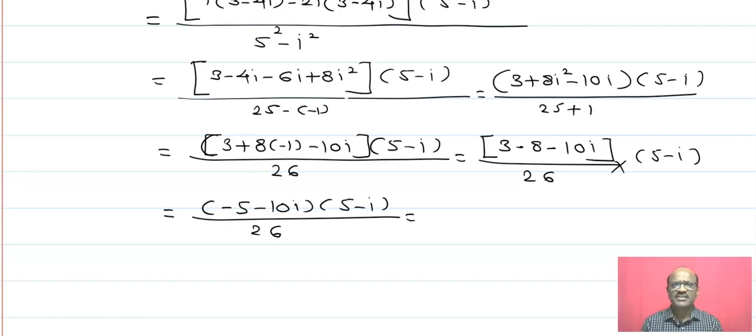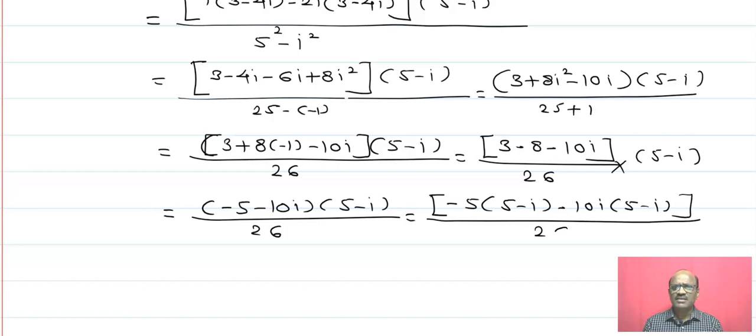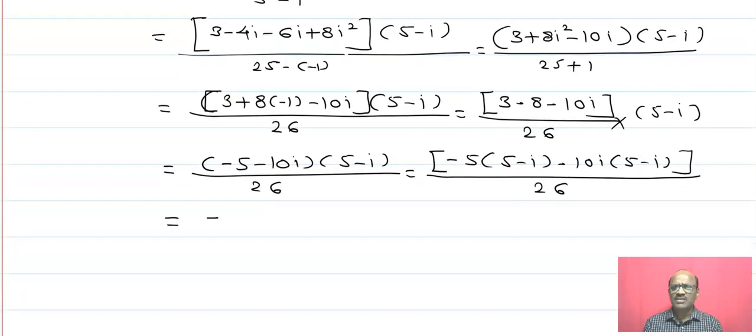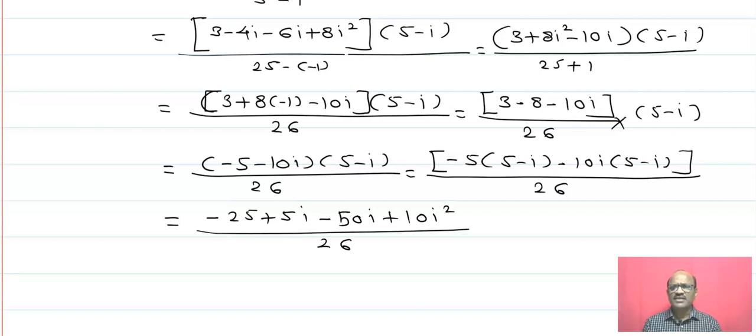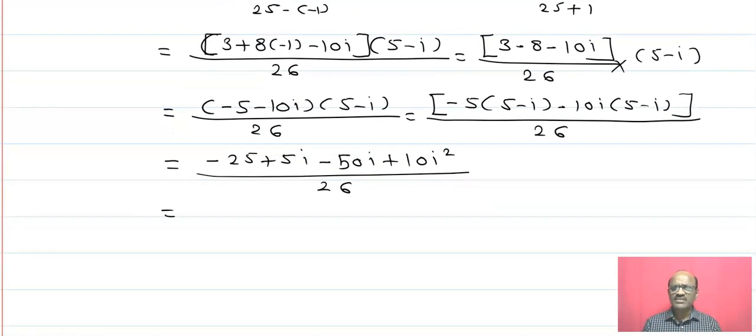Now simplification: minus 5 minus 10i upon 26 and next is (5 - i). Normal multiplication: minus 5(5 - i), and minus 10i(5 - i), upon 26.